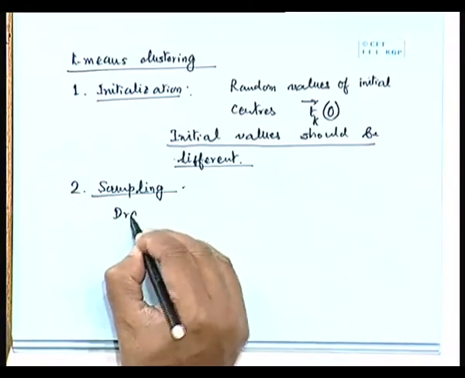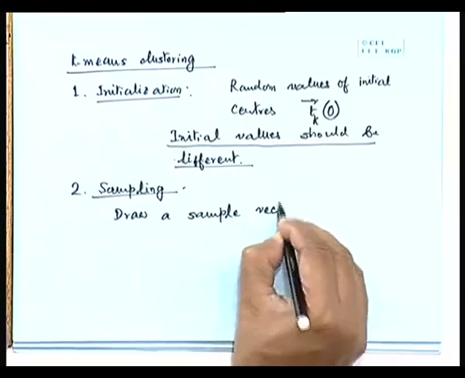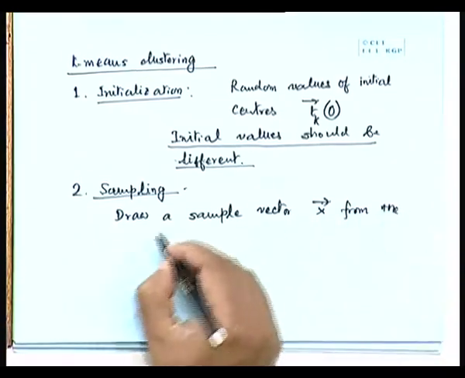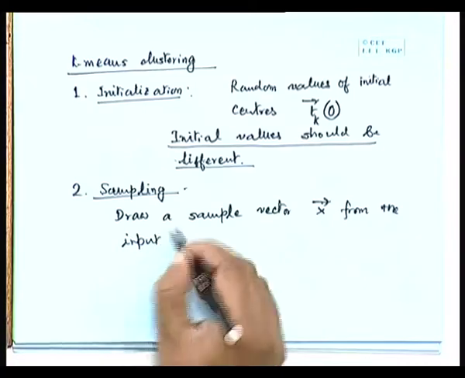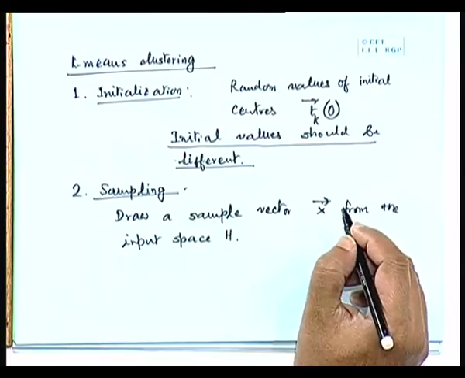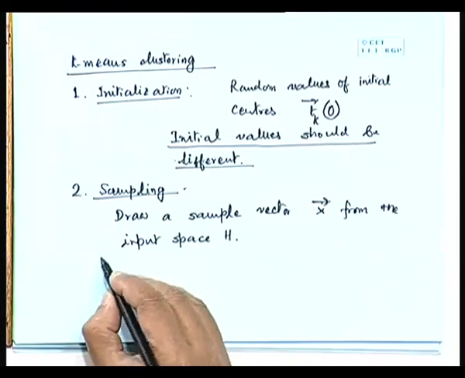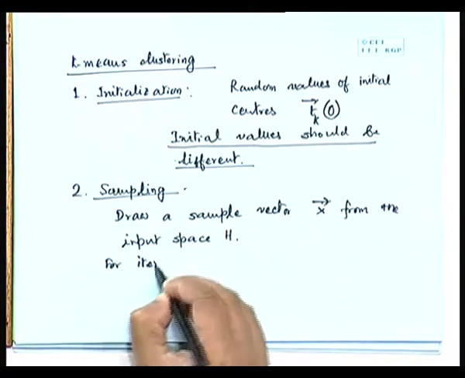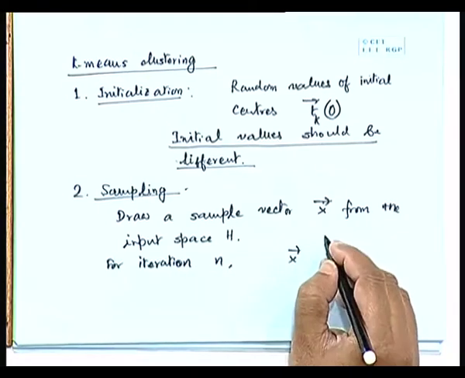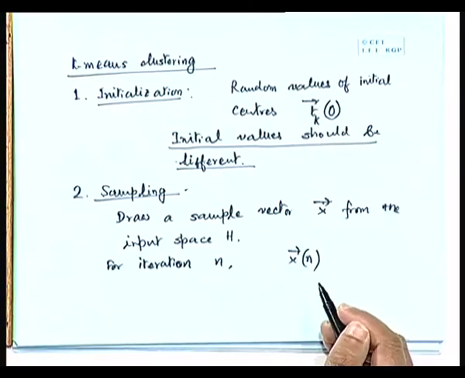Here we draw a sample vector, let us say the x vector, from the input space H. Supposing we are in the nth iteration, for iteration n the sample that we have drawn we can write as x of n, given that in the nth iteration we have picked up the sample vector x.